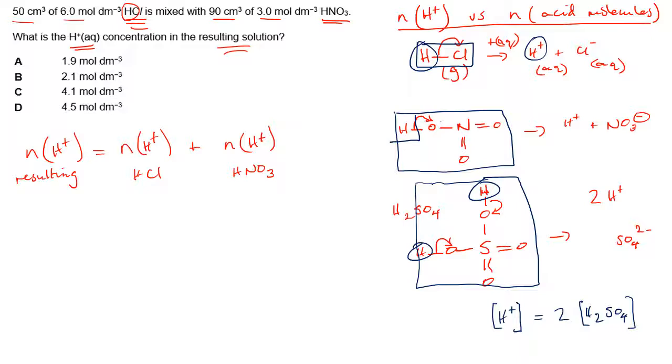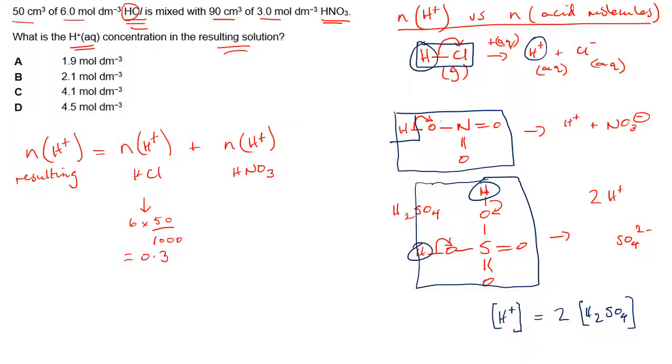Okay, so this one we can calculate with our usual equation, concentration times volume. So concentration is 6 moles per dm cubed, times our volume, 50 over 1,000, and that equals 0.3.